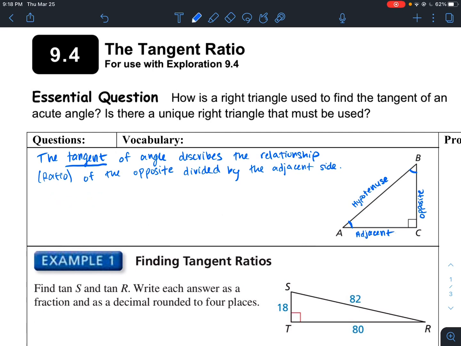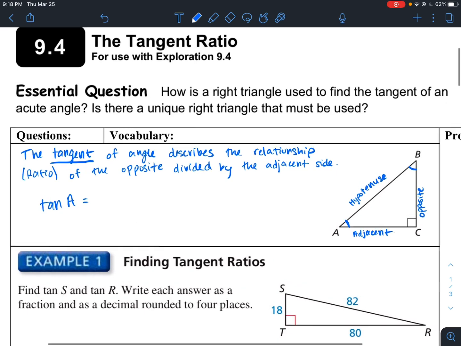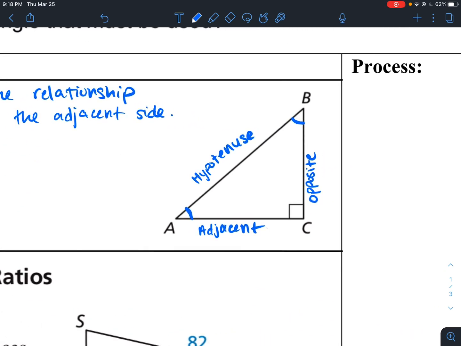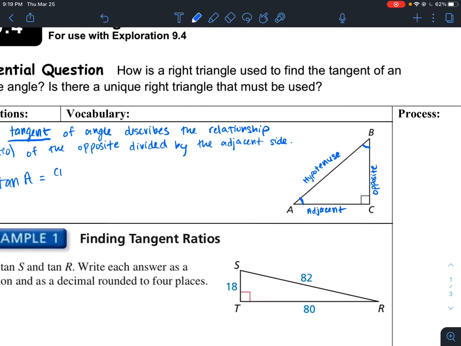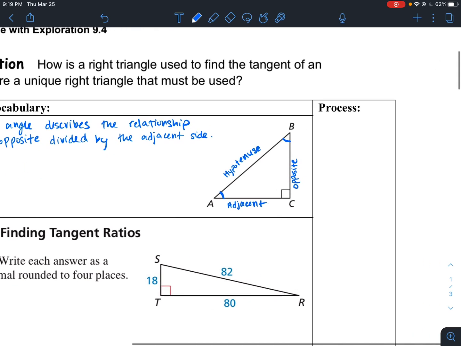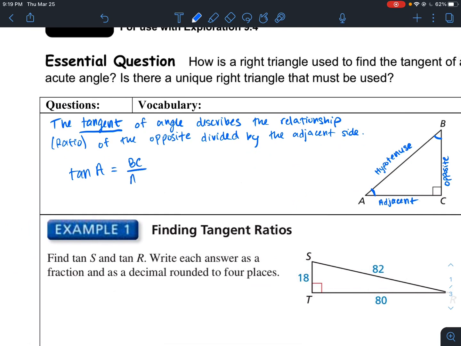Whenever we say tangent of A, we abbreviate tangent by TAN, and then we write it as tan of A. So that's how you would pronounce it, tangent of A. So looking at A, the tangent of A is the ratio of the opposite side, so in this case it would be BC, divided by AC, because AC is the adjacent side.